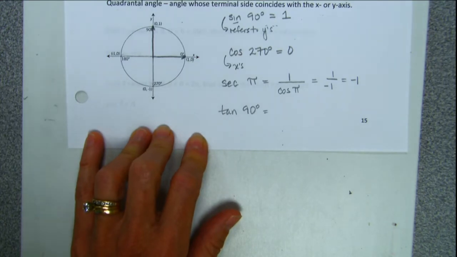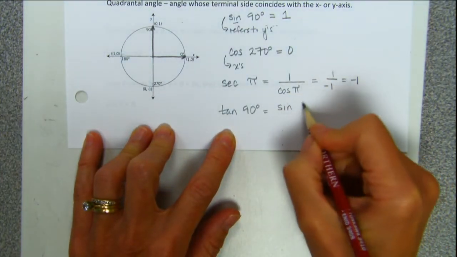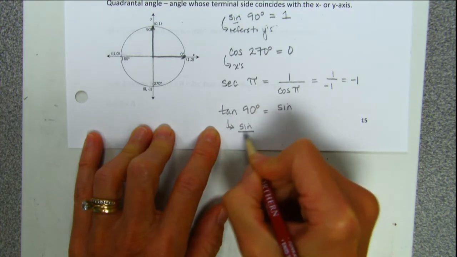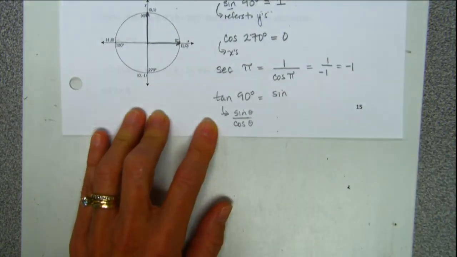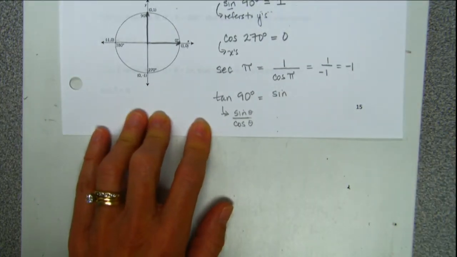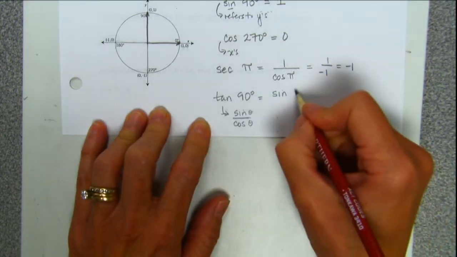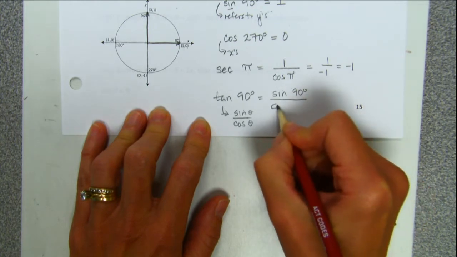But the other day on Friday, I told you that I wanted you to start thinking of tangent as being sine over cosine. So in this particular scenario, we have to convert our tangent to sine over cosine.